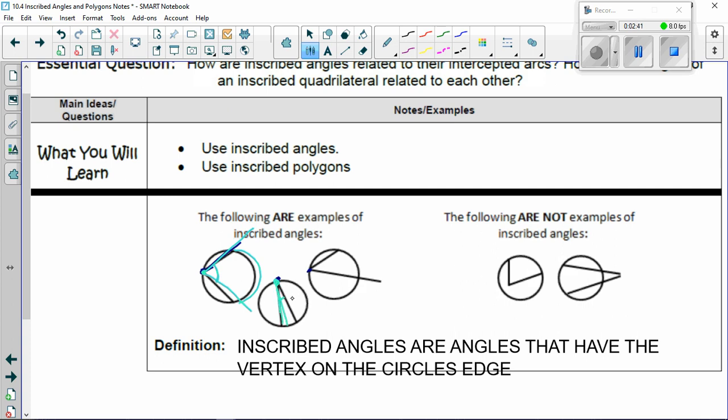If you trace it, you can see the arc. The vertex is on the circle, so trace the edges, and here is your arc. This is not inscribed. It's just floating around inside. This is outside. So these are not inscribed angles. These are. The vertex has to be on the edge.